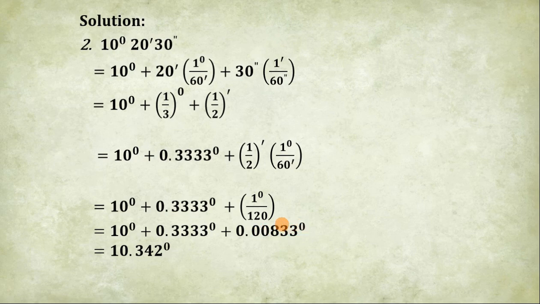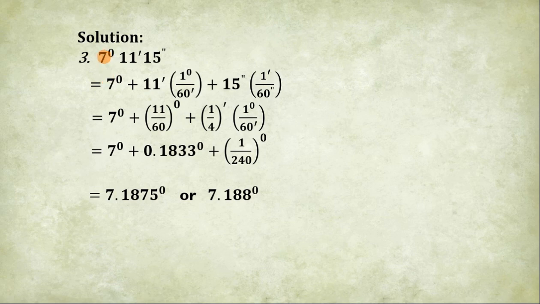So since all the addends have its units in degrees, we can now add them all. So this given expression, 10 degrees, 20 minutes, 30 seconds is equal to 10.342 degrees.